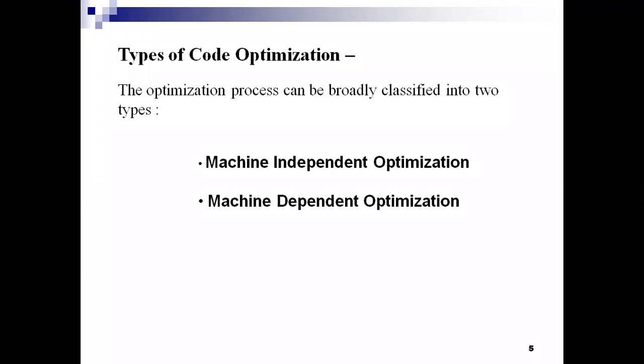And here I also have some problems of code optimization, or of optimizing compilers. The compilers which perform code optimization have some problems like this. I explained the error handlers, right?